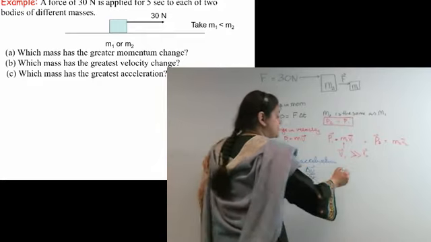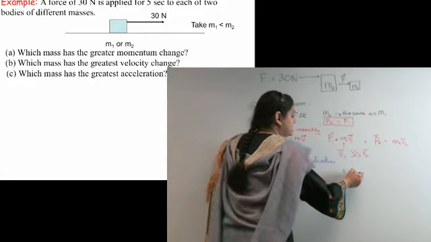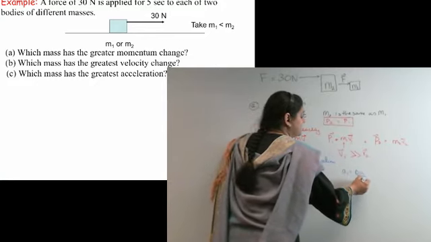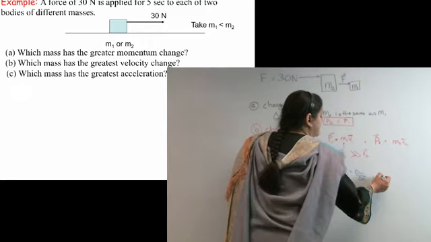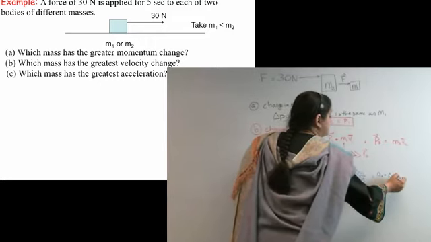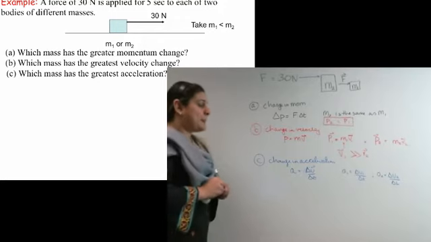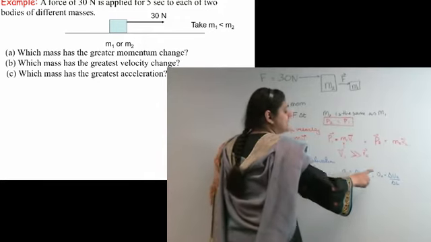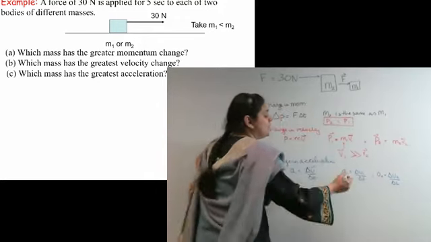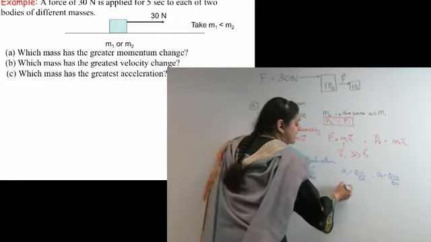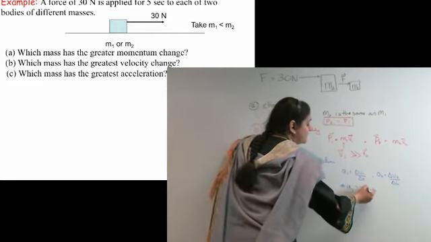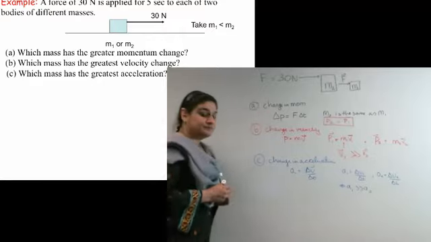So that means a1 equals delta V1 over delta t, and a2 is delta V2 over delta t. So since V1 is greater than V2, this implies a1 will also be greater than a2.